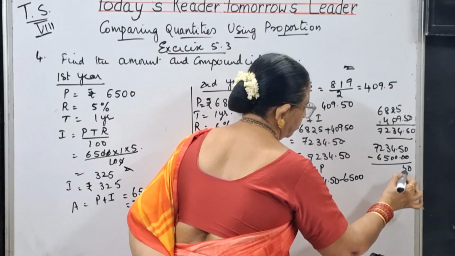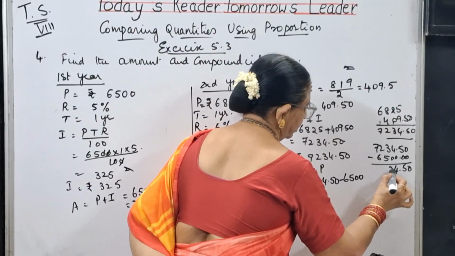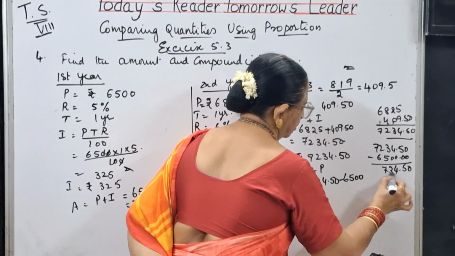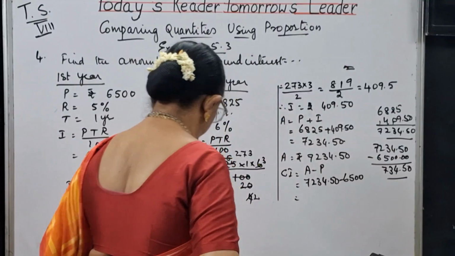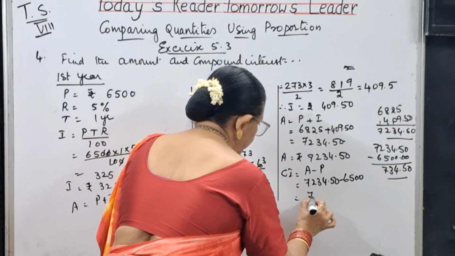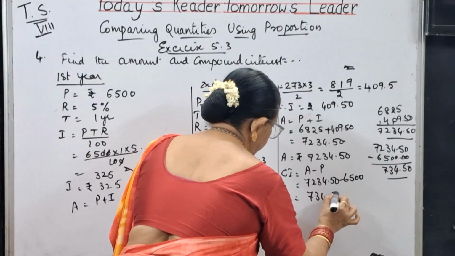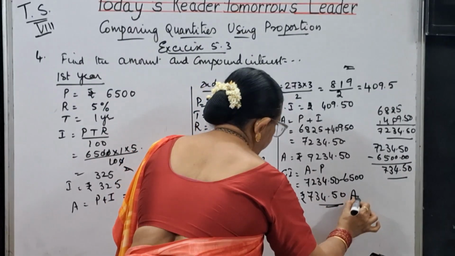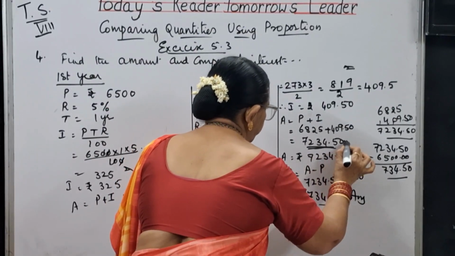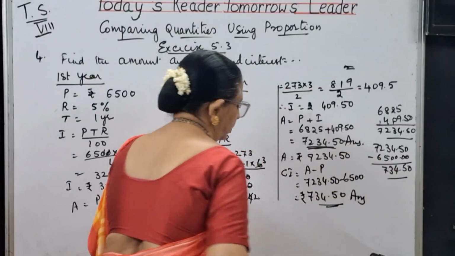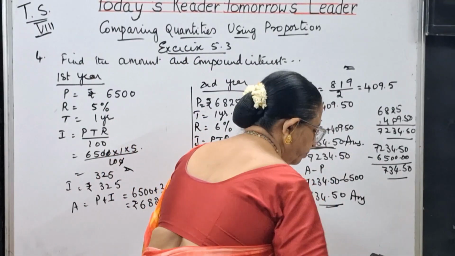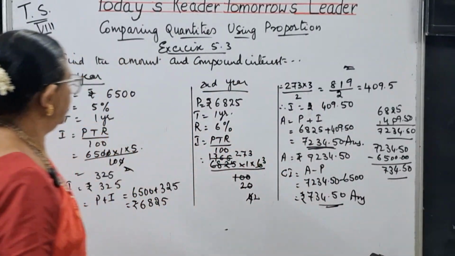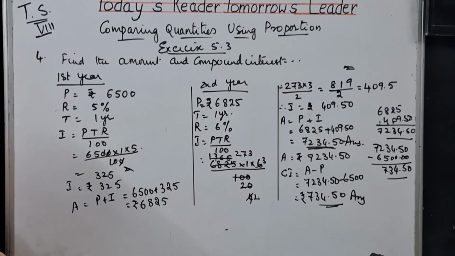So 0, 5, 4 here, 3 here, 7. 734.50 rupees. This is one answer. So amount is one answer and compound interest, that is another answer, children. This is fourth problem. Please note it down.